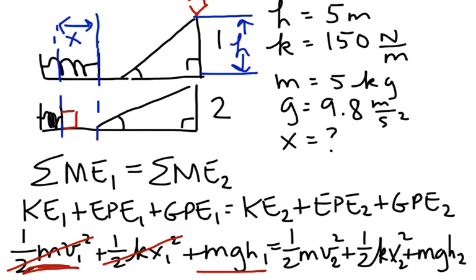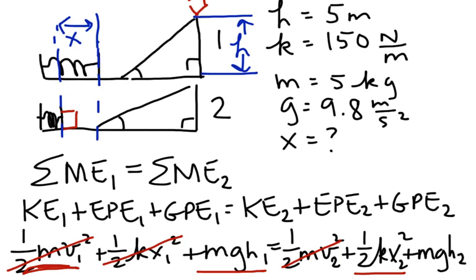Now in case 2, the block has come to rest at the moment where the spring is compressed. So my v sub 2 is 0, and this whole term cancels. Now the spring has been compressed, so there is some elastic potential energy. So this term we're going to keep. In terms of gravitational potential energy, the block is moving along the ground, so there's no height above the ground.